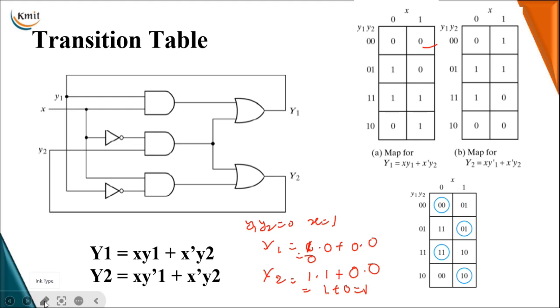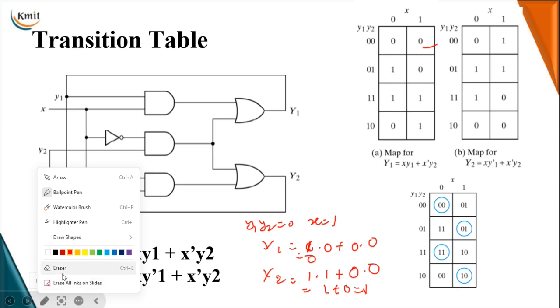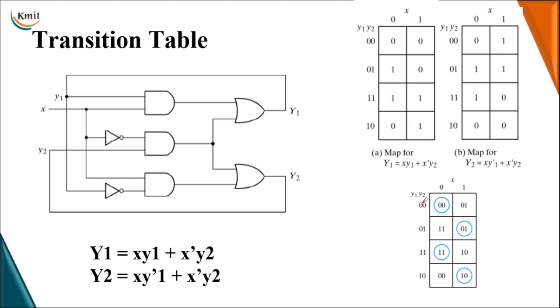Now if I interpret these two values into a single map, with x input 0, capital Y1 is 0 and capital Y2 is 0. So if my present state is 0 0, the next state is 0 0. With x equal to 1, capital Y1 is 0 and capital Y2 is 1. Hence for input x equal to 1, if my present state is 0 0, the next state Y1, Y2 is 0 1.